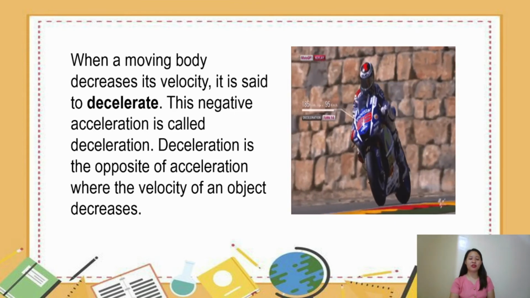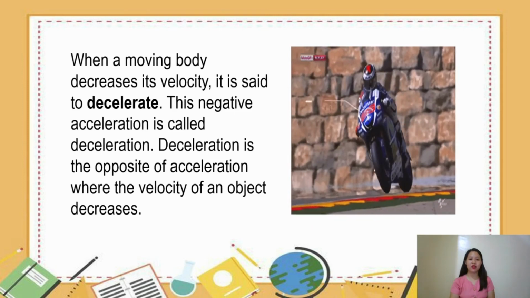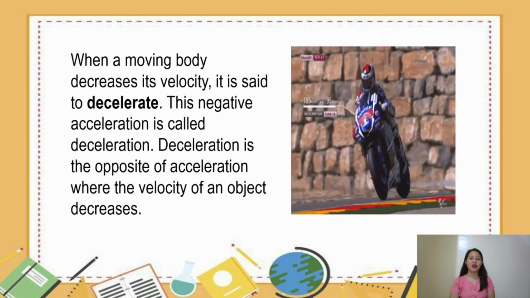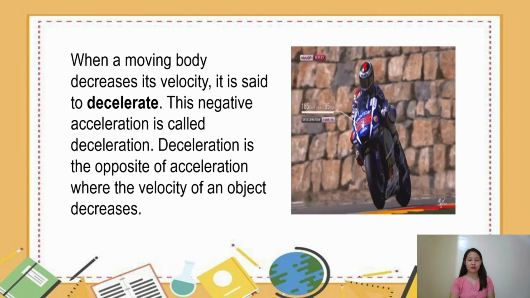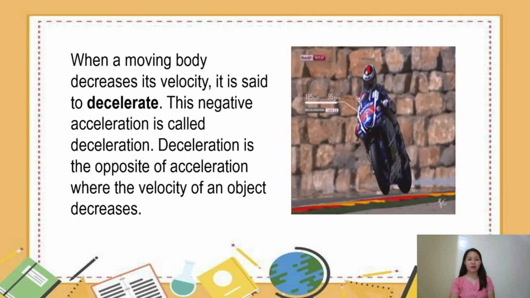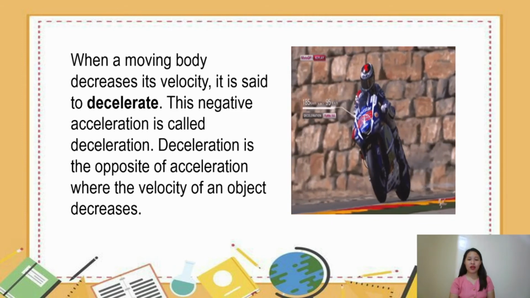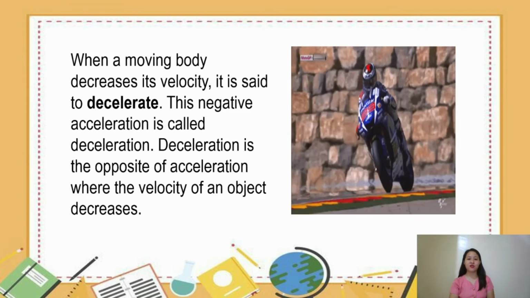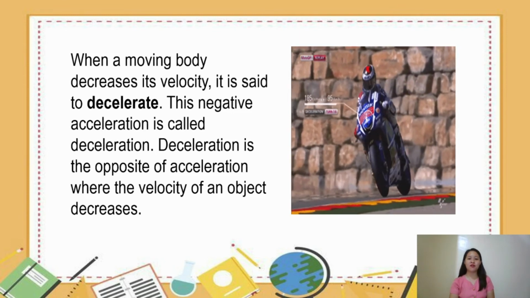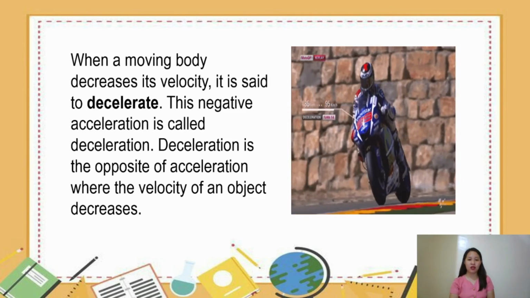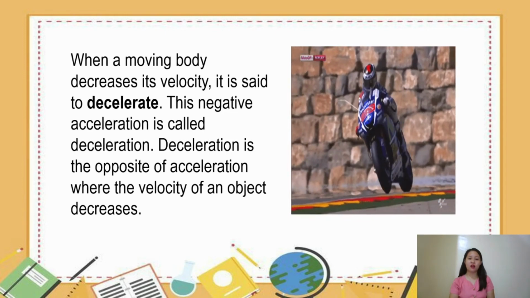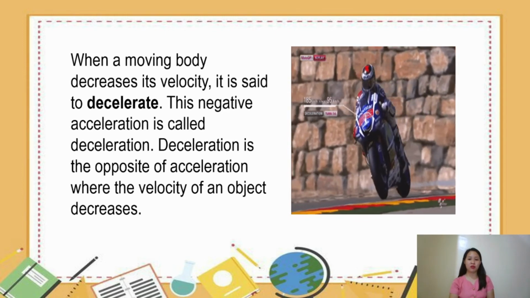Deceleration is the opposite of acceleration, where the velocity of an object decreases, just like in the animation, wherein the motorist is traveling at 185 km per hour, then slows down to 95 km per hour.